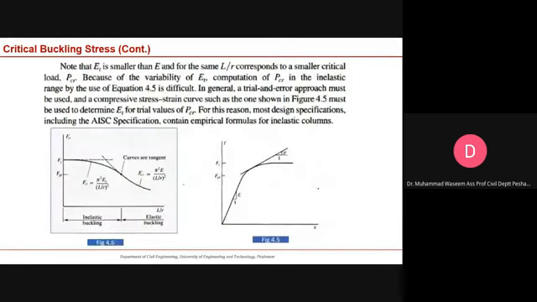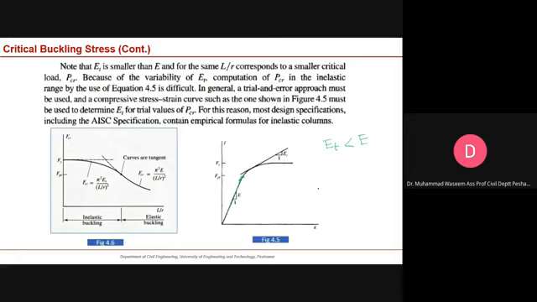Now there are problems with the tangent modulus as well. This E is from here, this is the tangent.